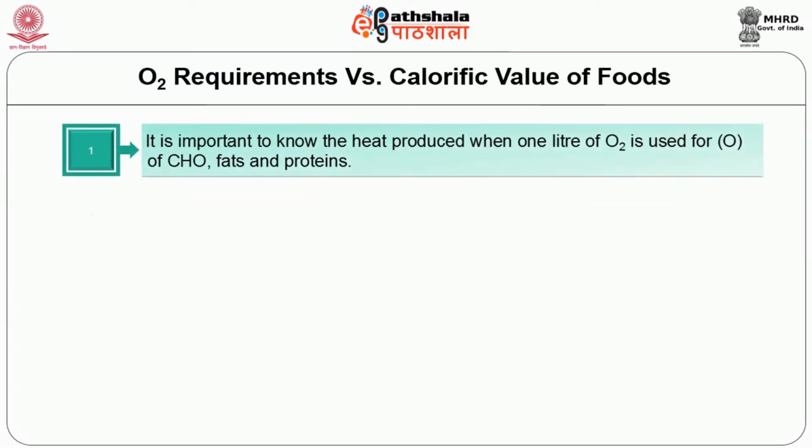It is important to know the heat produced when 1 liter of oxygen is used for oxidation of carbohydrate, fat and protein.